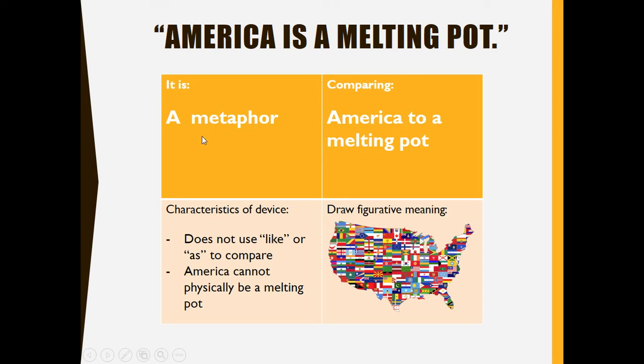Okay, if this is a metaphor, what are the characteristics of the metaphor? Does not use like or as. America cannot physically be a melting pot. What do I see when I read this metaphor? I see all the countries combined.